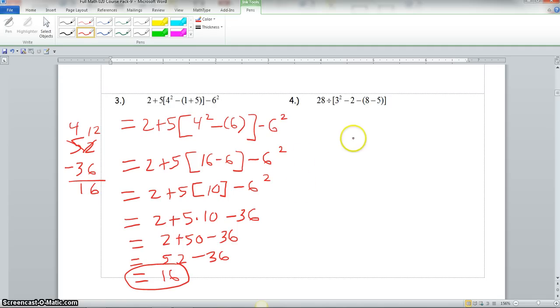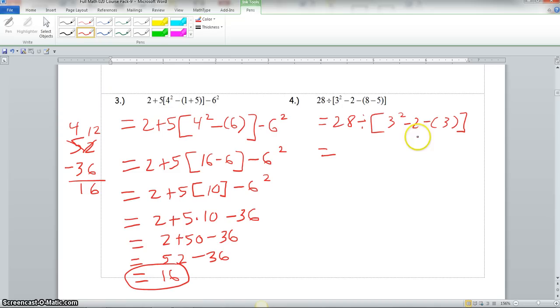Now, we go to problem number 4. Now, we have division, we have our bracket, exponent, subtraction, and a parenthesis. Now, we go inside of this bracket, and we're going to do the parentheses that's inside the bracket first. Now we have 8 minus 5, which gives us 3.